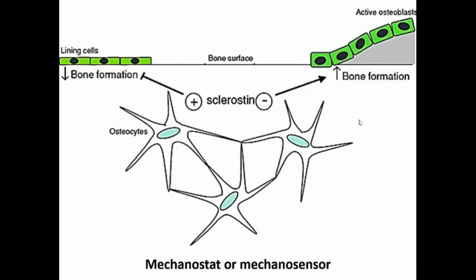This high density bone is very resistant to any fracture. So you can see the cells can detect stress and cause the other cells to respond to this stress.